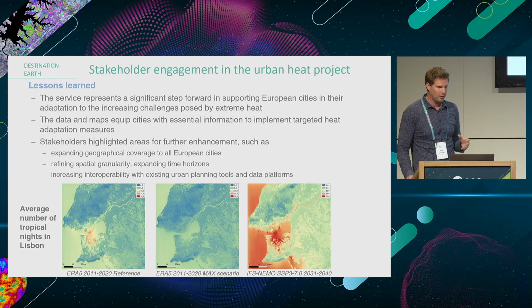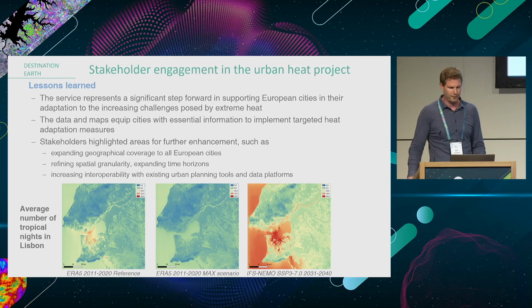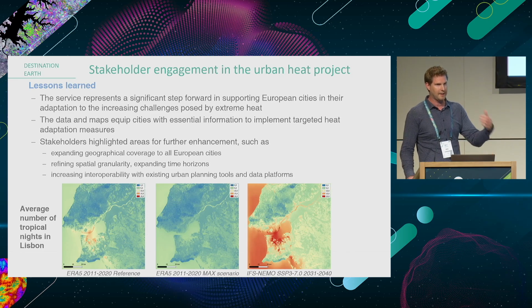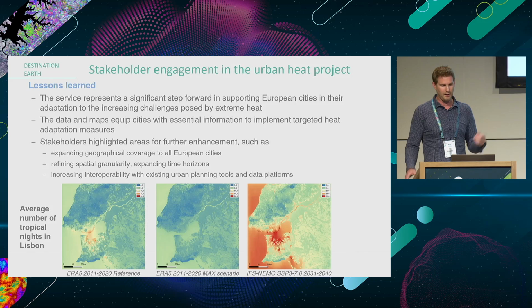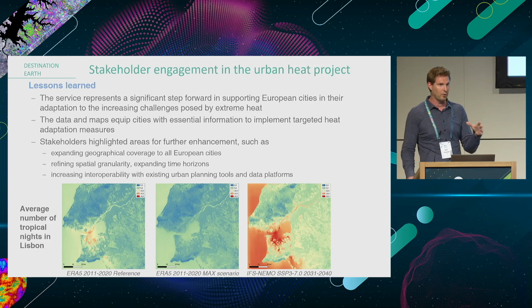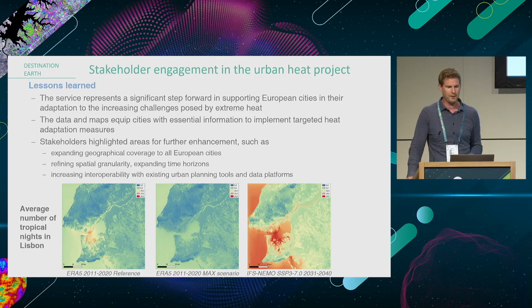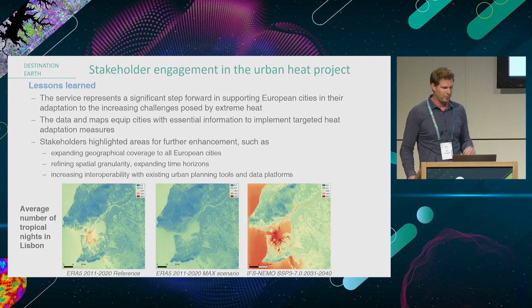But our stakeholders also highlighted some areas for further improvement, such as extending the geographical coverage of the service to ideally all European cities. Also, refining the spatial resolution. This is at 100 meters, but they would like to see street-level details in the heat stress maps, because that's where the local stakeholders operate.